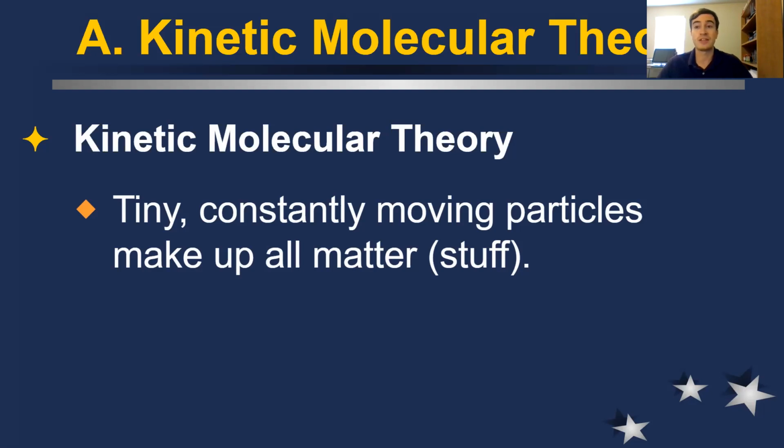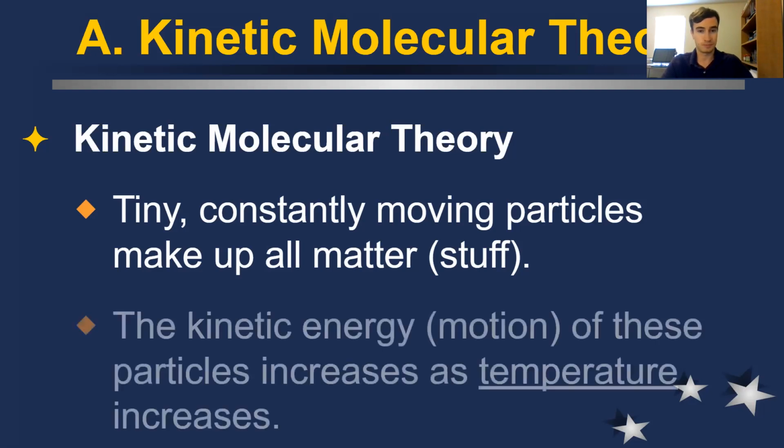And the KMT says that all of this matter, if you look down at a teeny, tiny, super microscopic size, is all made of tiny little particles that we'll talk about later on in the year. And these particles are constantly moving and shifting around. Sometimes they're shifting around a whole lot. Sometimes they're barely shifting around at all.